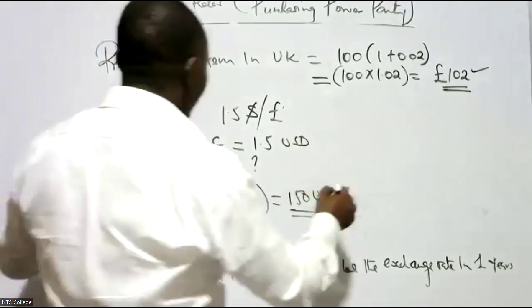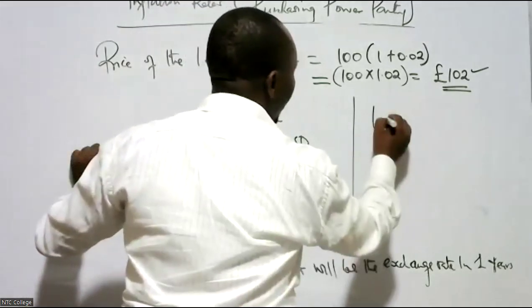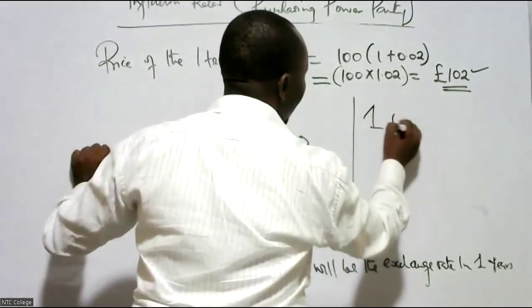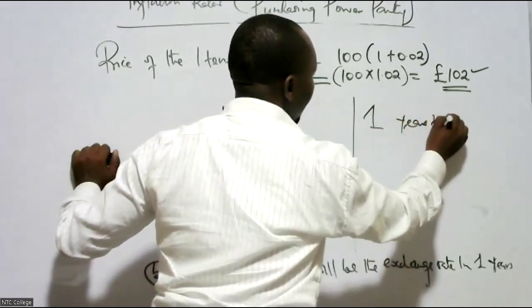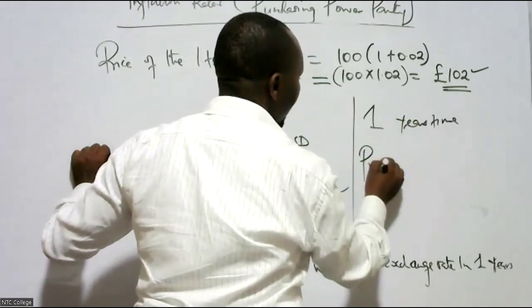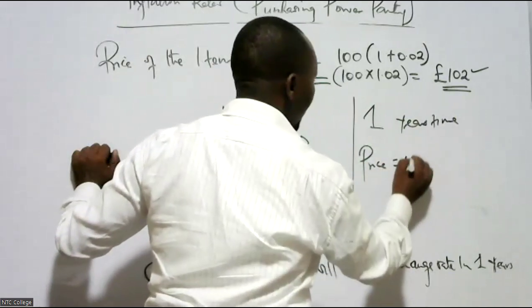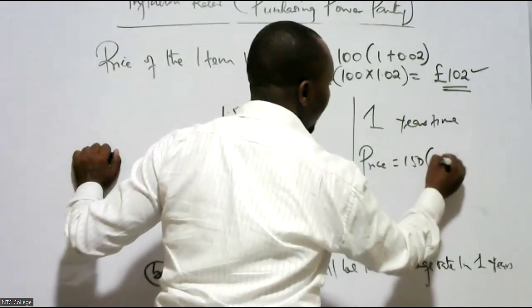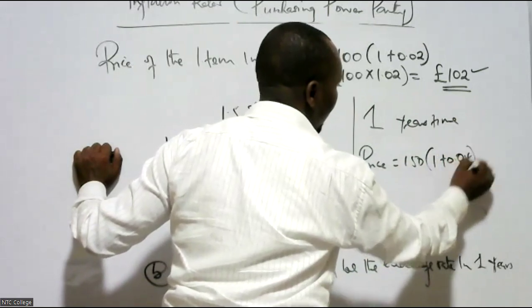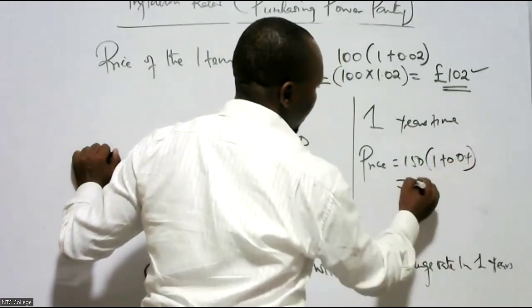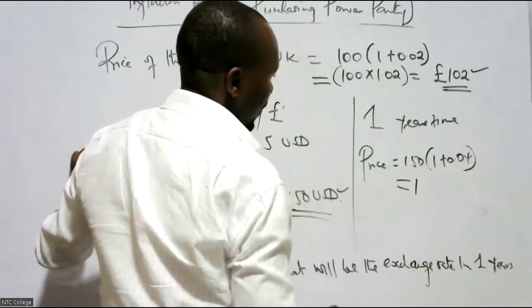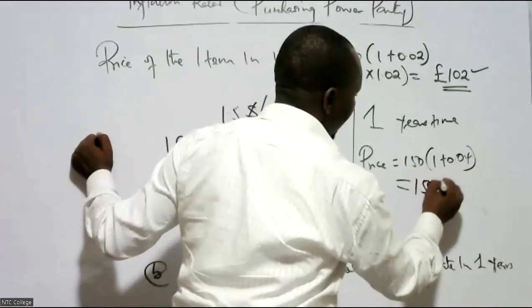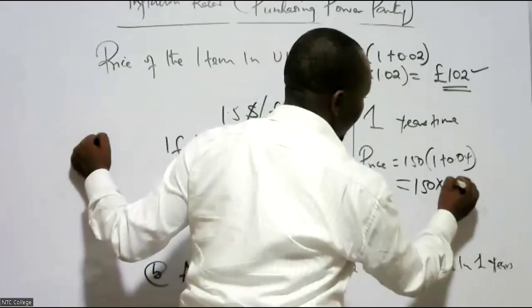In 1 year's time, the price is going to be 150 into 1 plus 0.04. That should be 150 times 1.04.